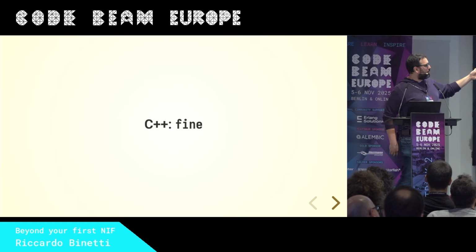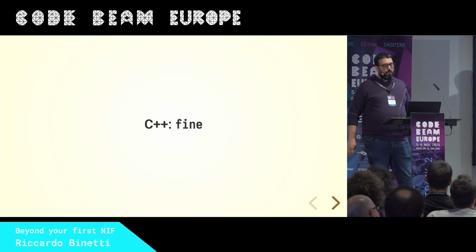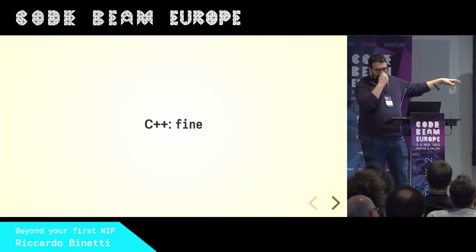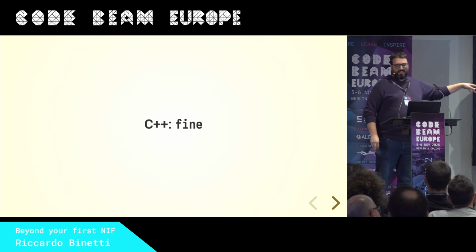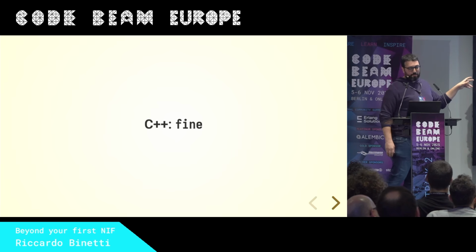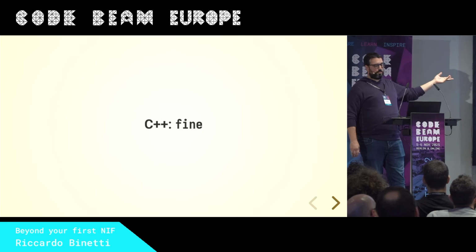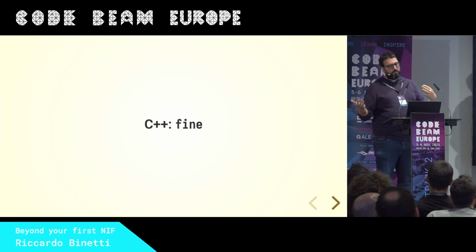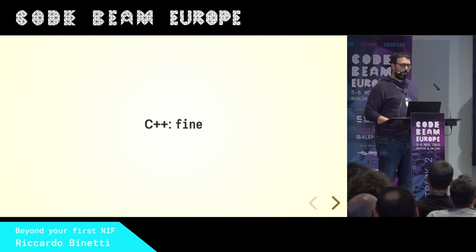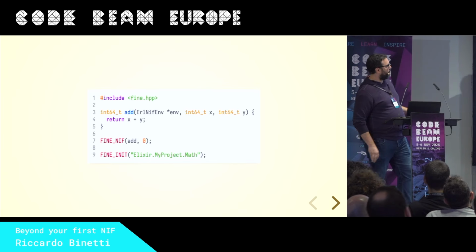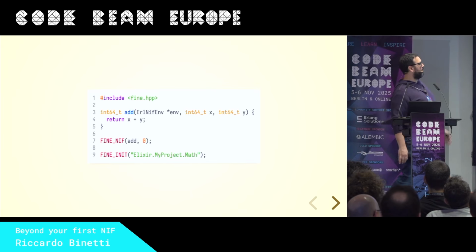With C++, you can use Fine, which is not my judgment on the language, by the way. This is a library written by Dashbit, and it also powers Pythonx. It reduces some NIF boilerplate, and you can use C++ instead of C. I will just show the add function that I showed in the beginning.